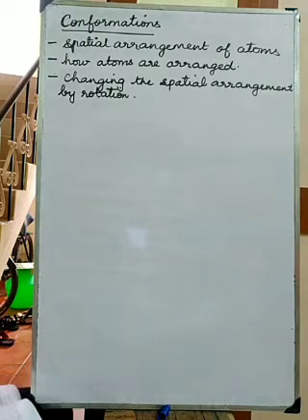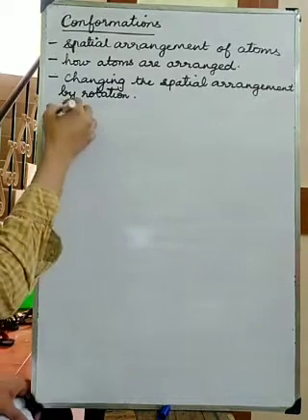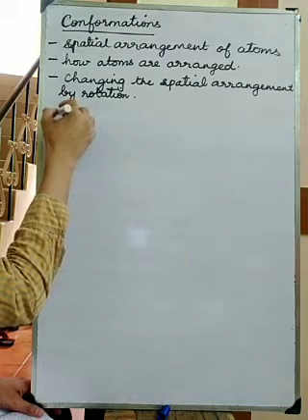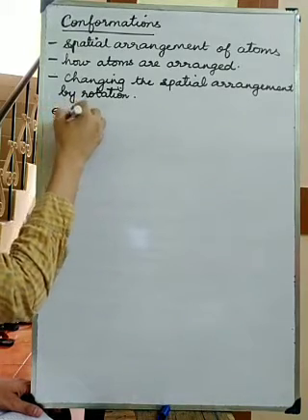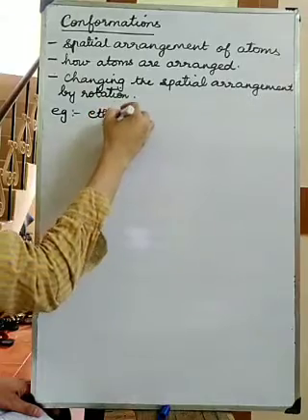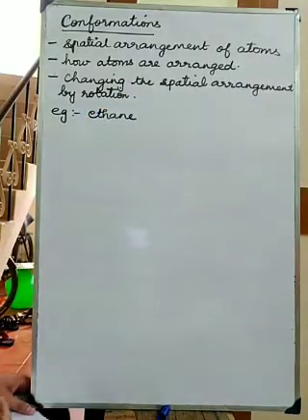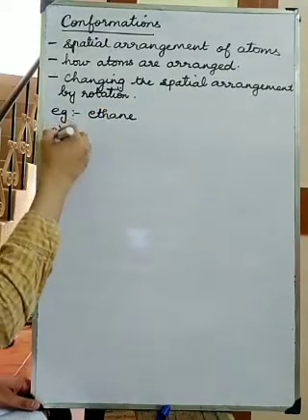So there are two types of conformations. We are going to study with the example ethane. In your book they have given example only with ethane. So there are two conformations.